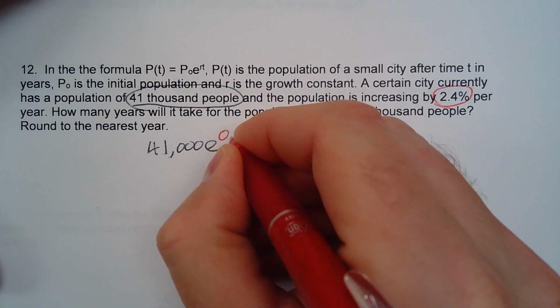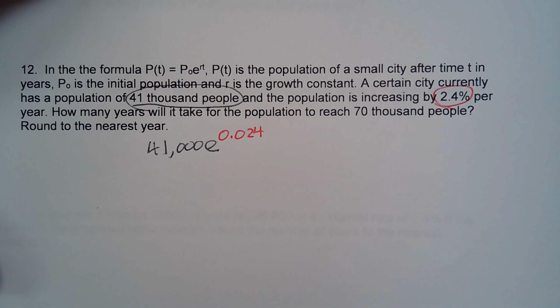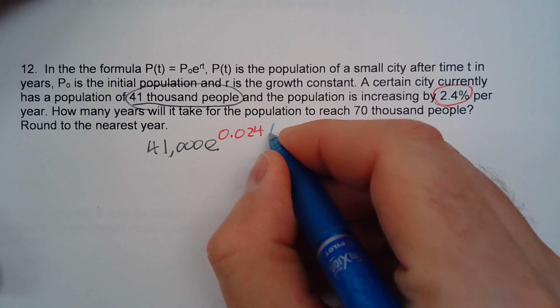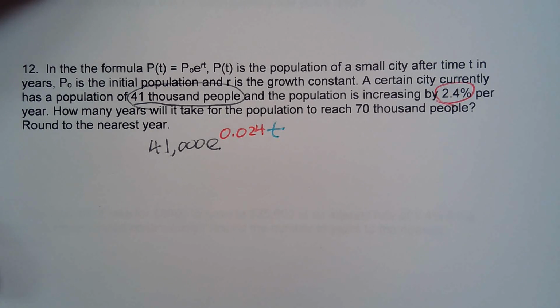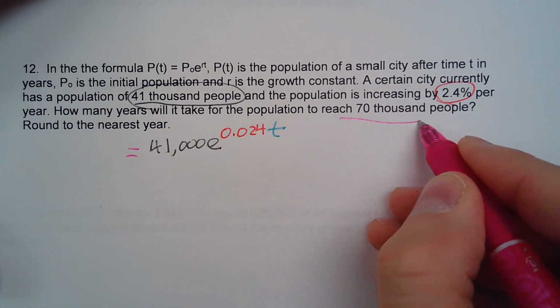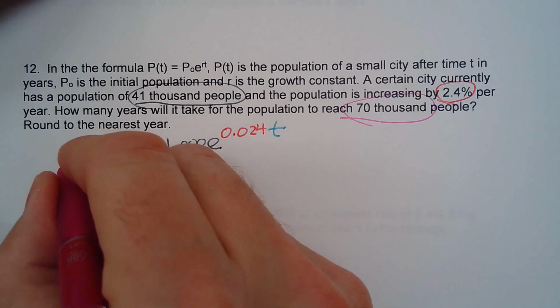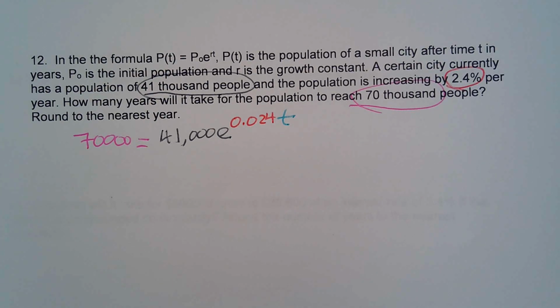So that'd be 0.024. We don't know what the time is. That's what we're trying to find. We're trying to figure out how long it is going to take to reach 70,000 people. So we're trying to solve for t.